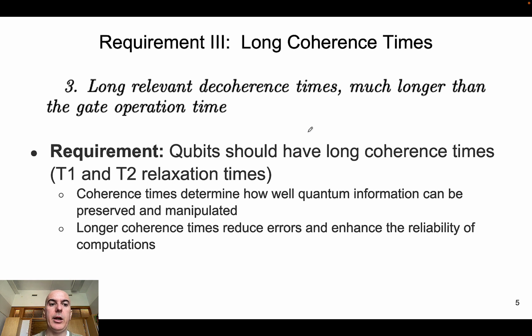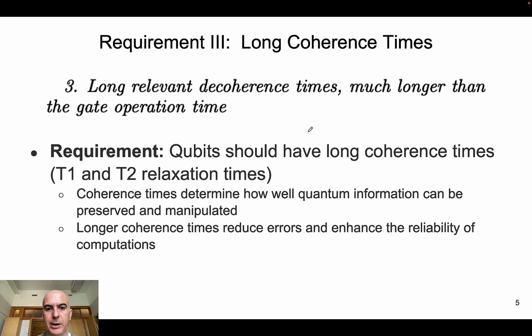The third requirement is about long coherence times, and it is as follows. We need long relevant decoherence times, much longer than the operation time that is taken by the so-called gate operation. That is the time taken for transforming the qubit state.